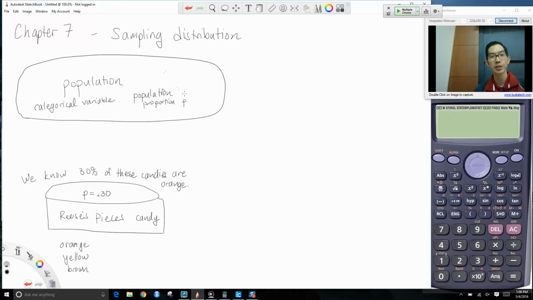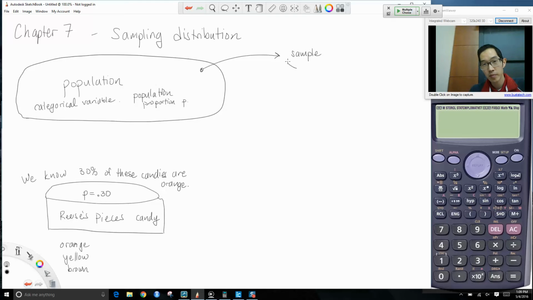Okay, so this is kind of our parallel picture, and so what we are going to do for the sampling distribution is from the population we draw a random sample.